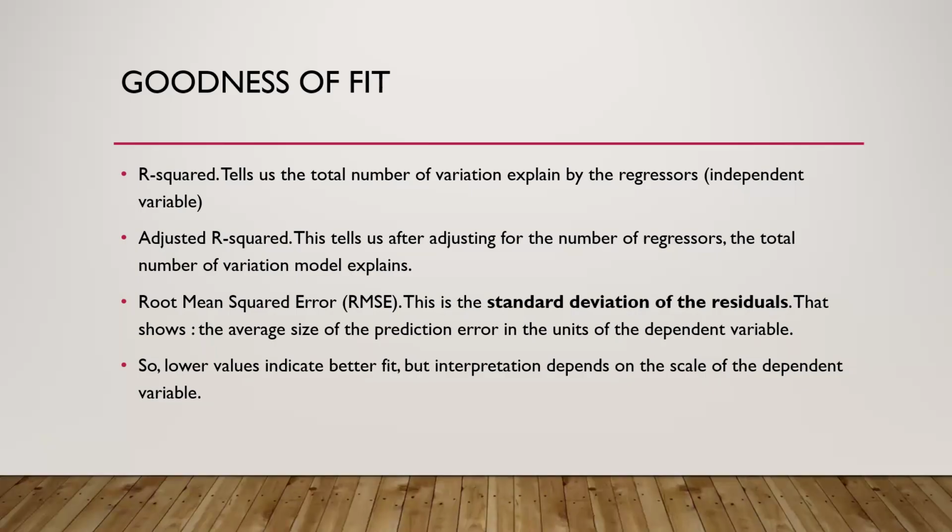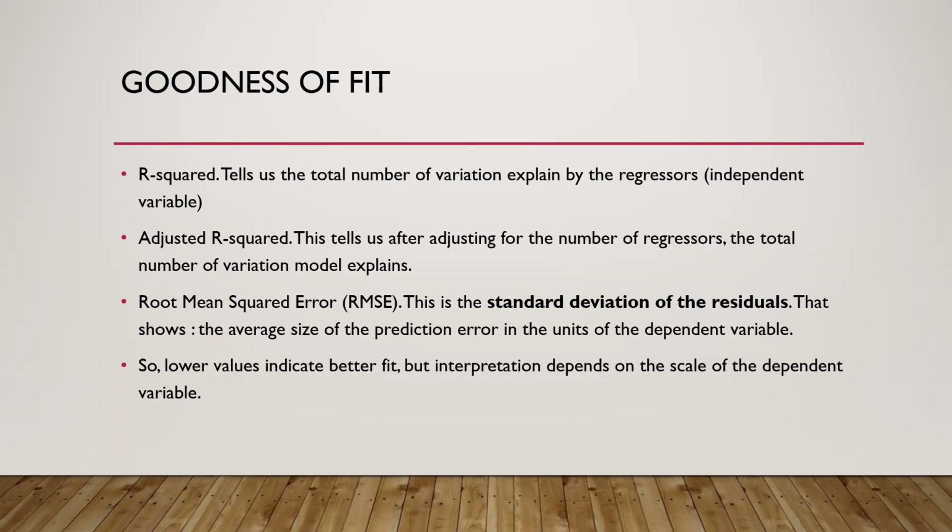Now, someone asked what is the meaning of the root mean squared error. The root mean square error stands for the standard deviation of the residual. This shows the average size of the prediction error in the unit of the dependent variable.